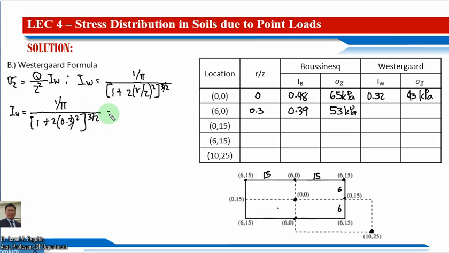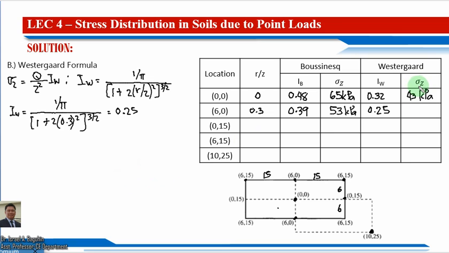So we can have this value of I subscript W, which is equal now to 0.25. Okay, so we have here equal now to 0.25.